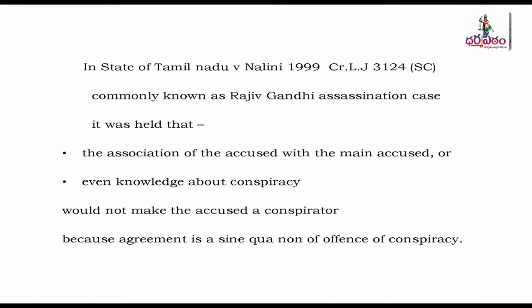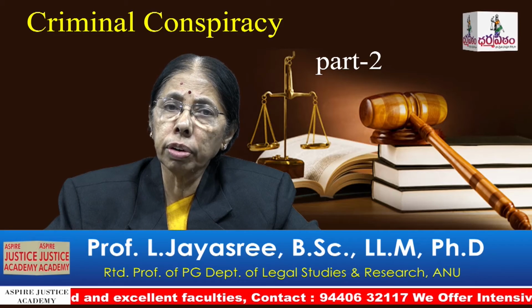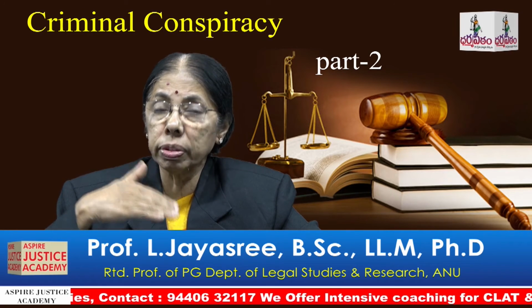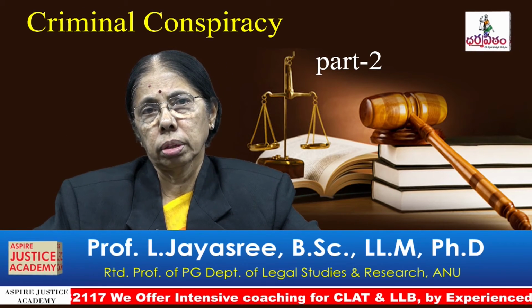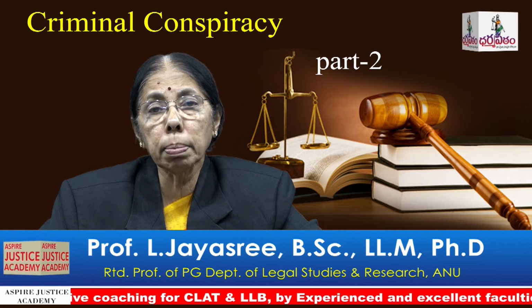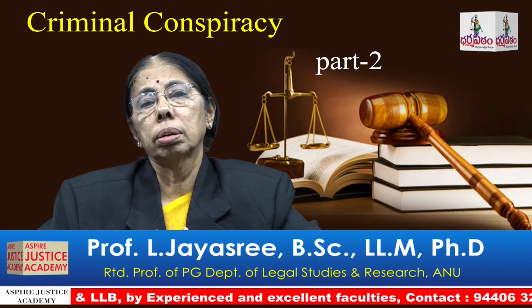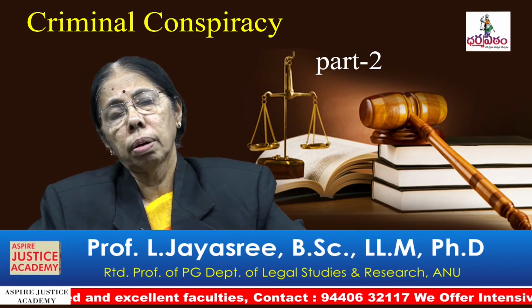A has the knowledge about the conspiracy. That itself is not sufficient to convict him for the conspiracy. When will he be convicted? If he entered into an agreement with the main accused. He must enter into an agreement with the main accused. Then only he is liable for the conspiracy.